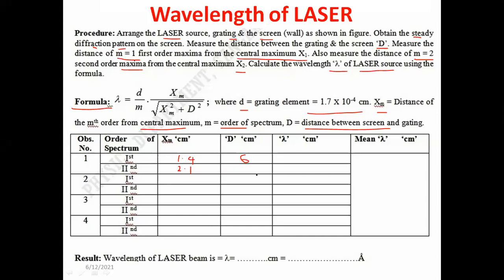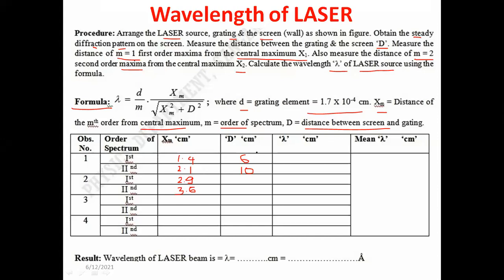If you increase the distance capital D further, for example to 10 centimeter, then for the first order it would be 2.9 and for the second order it would be 3.6. This is how it varies.